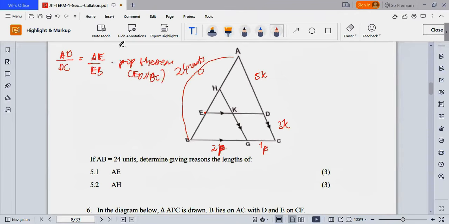Now that we have the ratio here, 5K, 3K, we can simply say that AE over EB has the same ratio, which is 5 over 3.